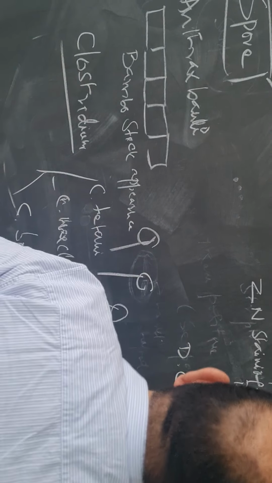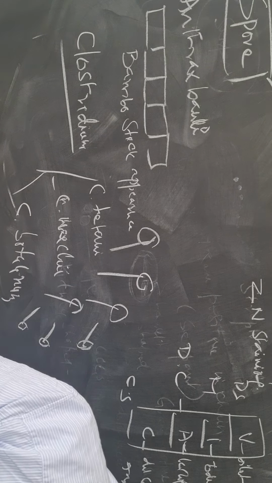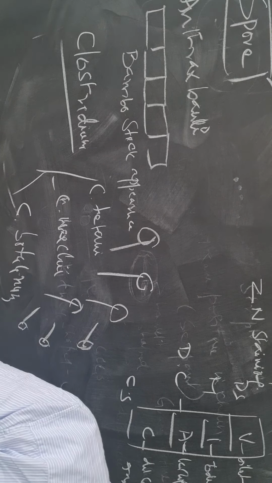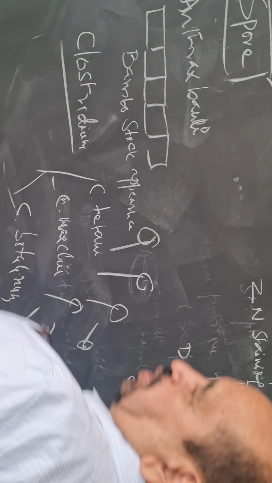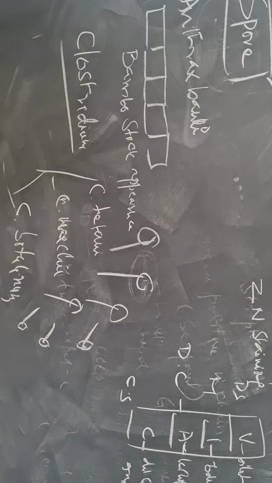Whereas Ziehl-Neelsen stain is 3 steps. Remember it as CAB, CAB. Cover the smear with concentrated carbol fuchsin.